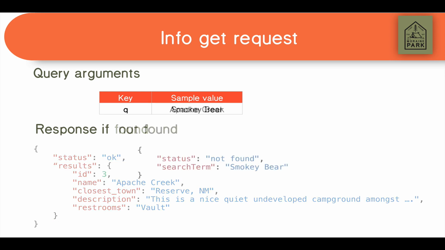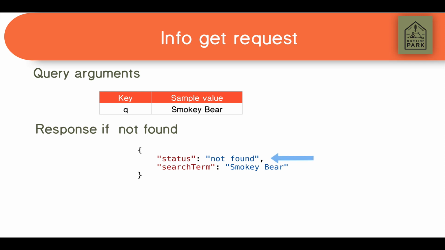And if it wasn't found, we'll just say status not found, and we'll echo back what the search term was. So that's what we'll do now. So there's three options. We could return a 404 not found error. We could just have an empty list of things. Or in this case, we can be a little bit more specific and add an entry in. It's hard to predict what the best thing is to do, but we'll go with this just because it illustrates some additional complexities.